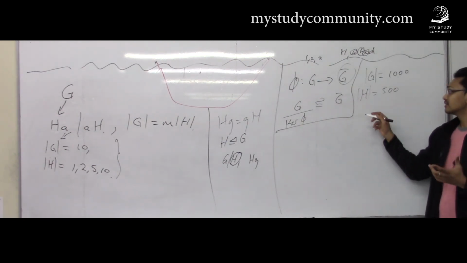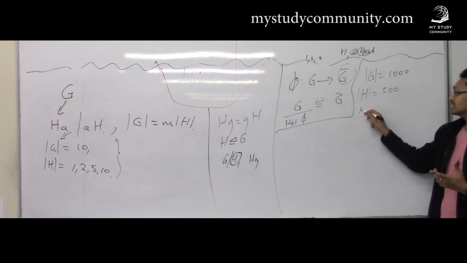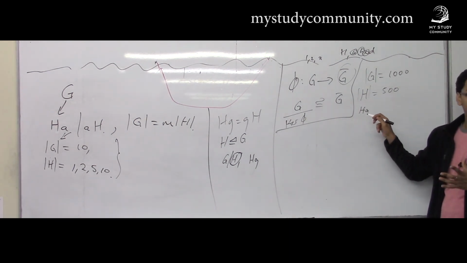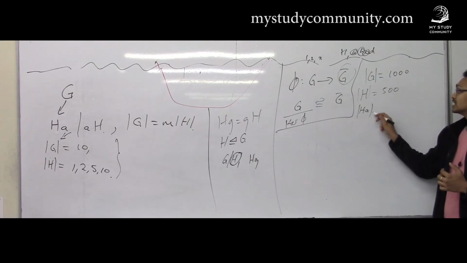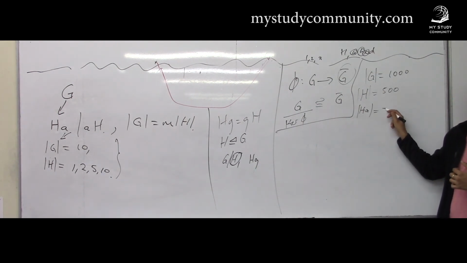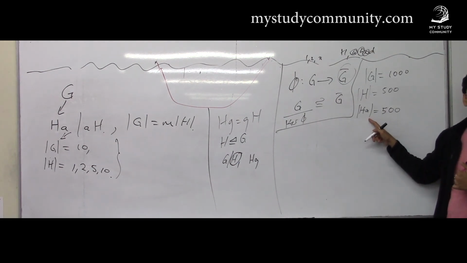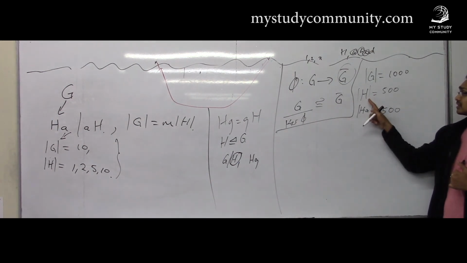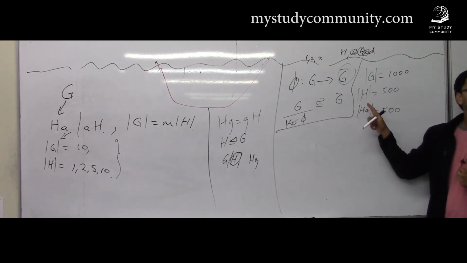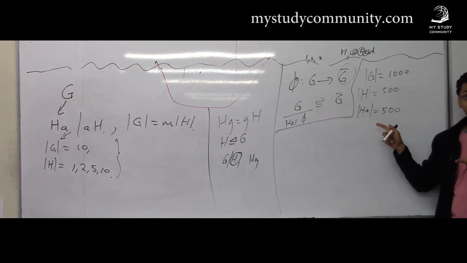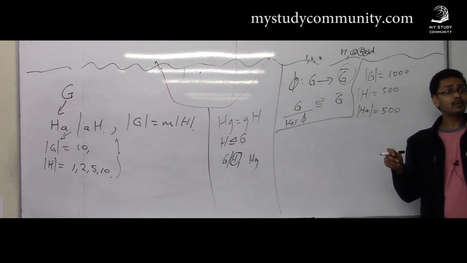Then, what would be my cosets? HA would be my coset, yes? And how many elements would HA have? 500 elements HA would have. Remember HA is a coset, right? So the coset would have 500 elements. And remember cosets form an equivalence relation, right?